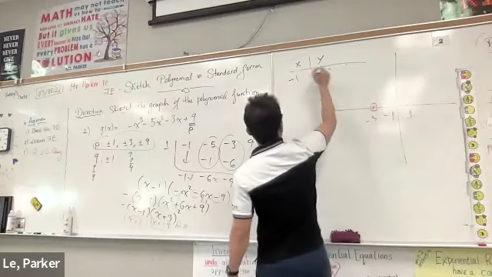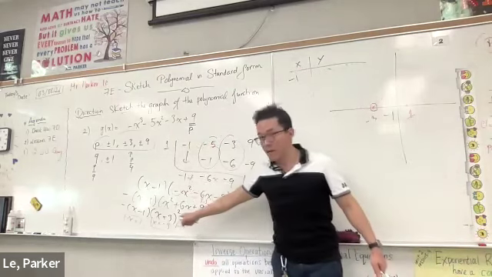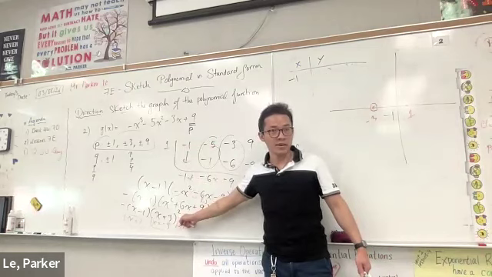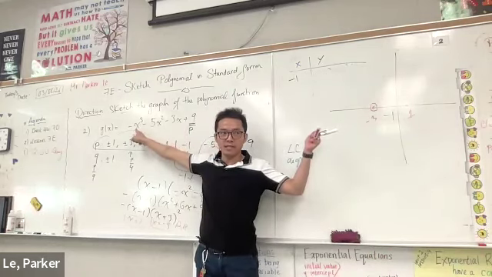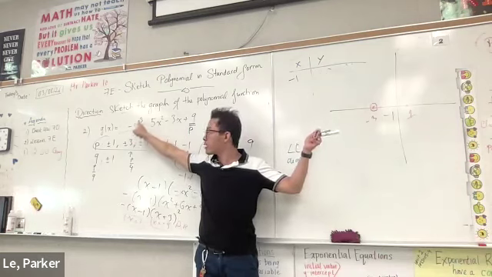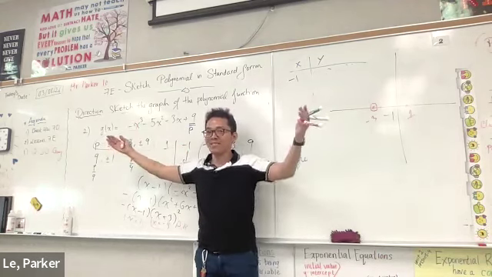Very good. Negative 1 here. Where do I plug it in? Do I plug it in here or here? This one is better, to avoid mistakes. If you plug in negative 1 right here, the chance you're going to make a mistake is high. Negative 1 cubed is... see, that's a live example.